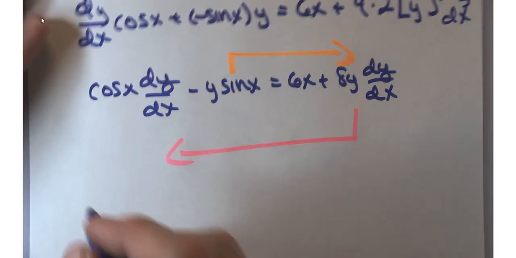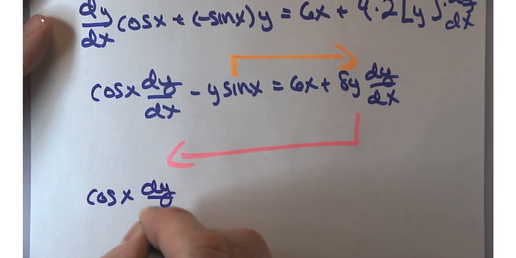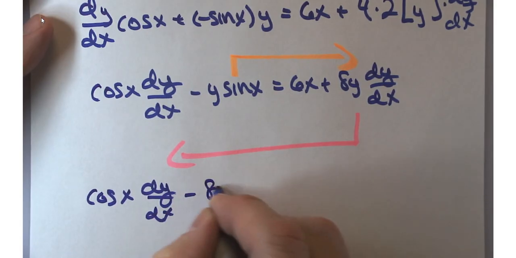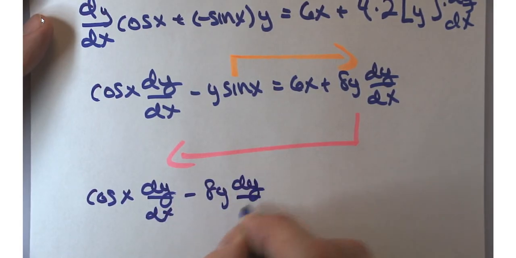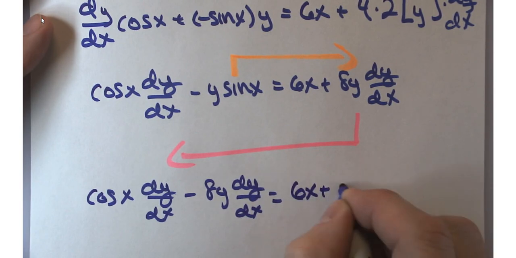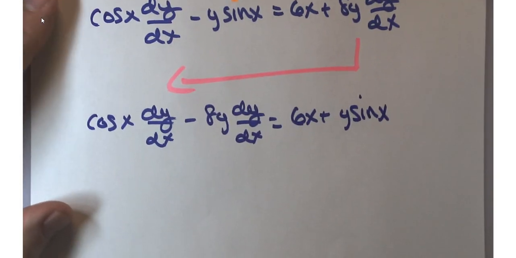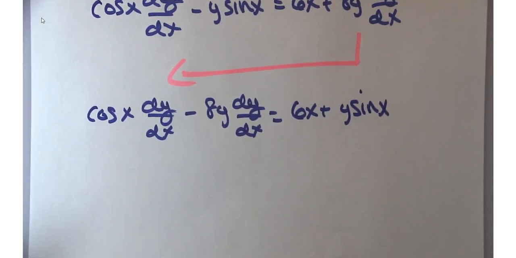So you're going to get cosine of x dy by dx minus 8y dy by dx equals 6x plus y sine of x. Yep, factor out.